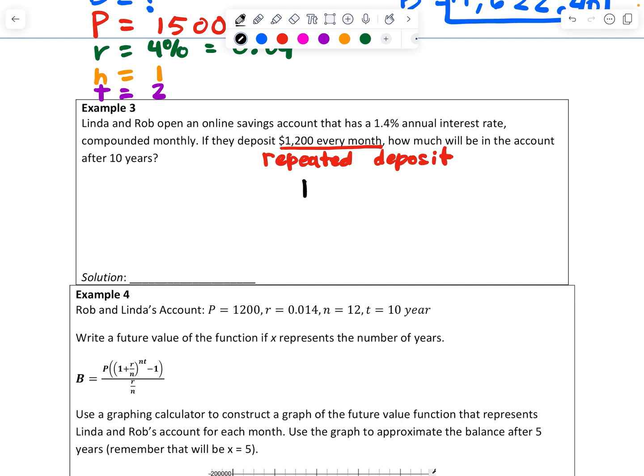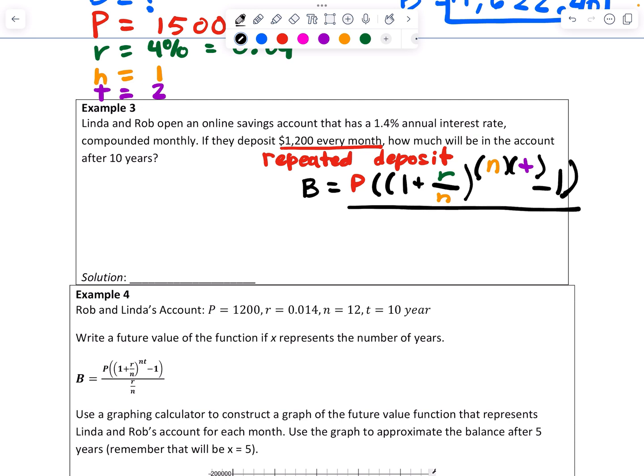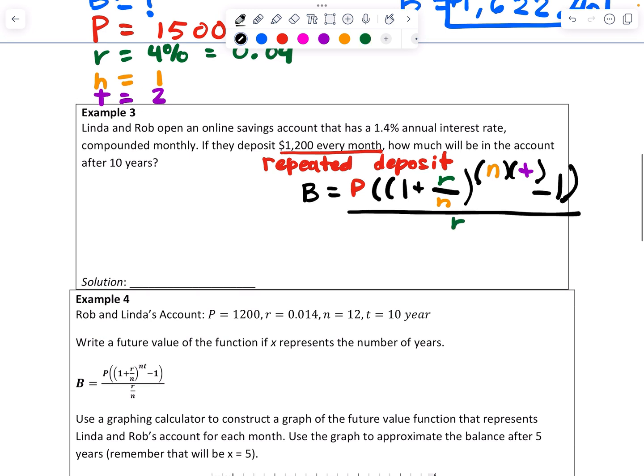B equals P times 1 plus R over N to the NT power, and then we minus 1 and we close that parenthesis for the top, and then we divide it by R over N.